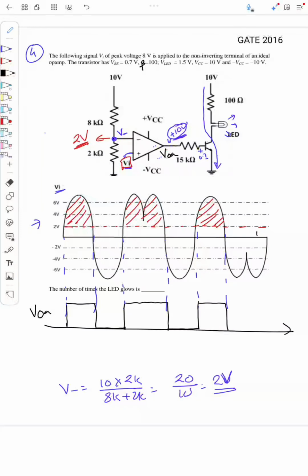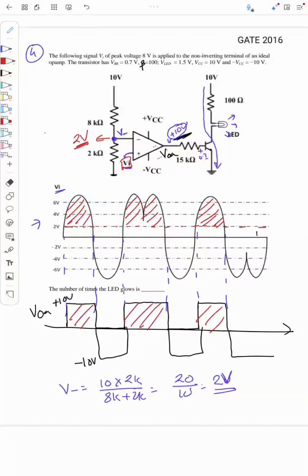For the other remaining time period, it will be minus 10 volt. So this is plus 10 volt and this is minus 10 volt. The LED will be on whenever VOA is plus 10 volt, so during this time period the LED is on.